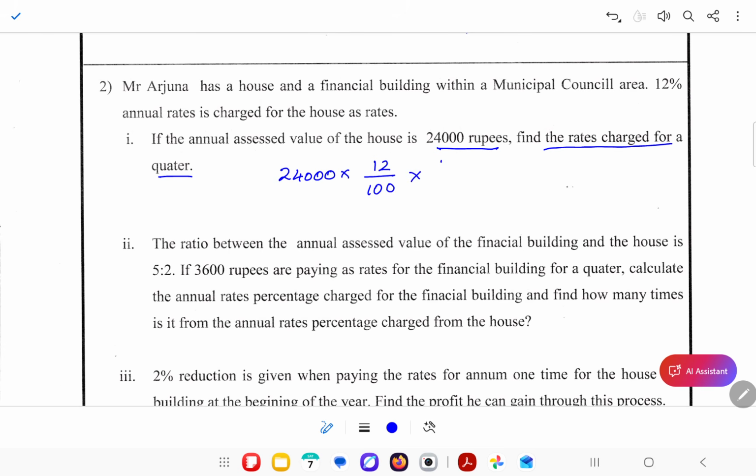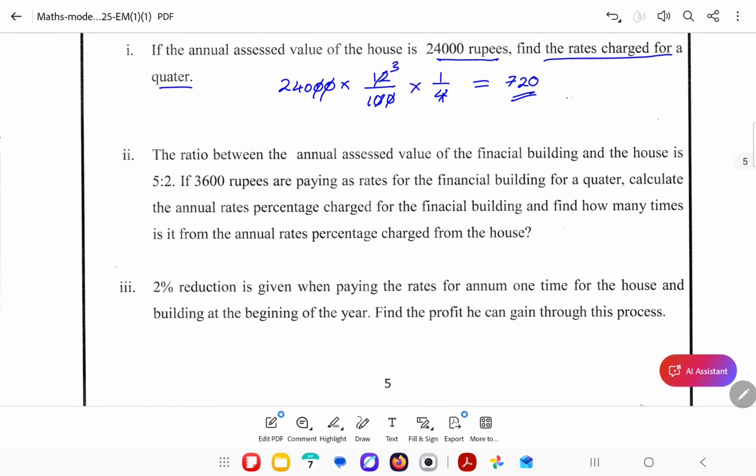We want 1/4, so this is the annual amount, so we have to multiply by 1/4 to get the quarter amount. Cancel the zeros. 12 over 4 is 3, so 3 into 240, so 720. So for a quarter has to pay 720.